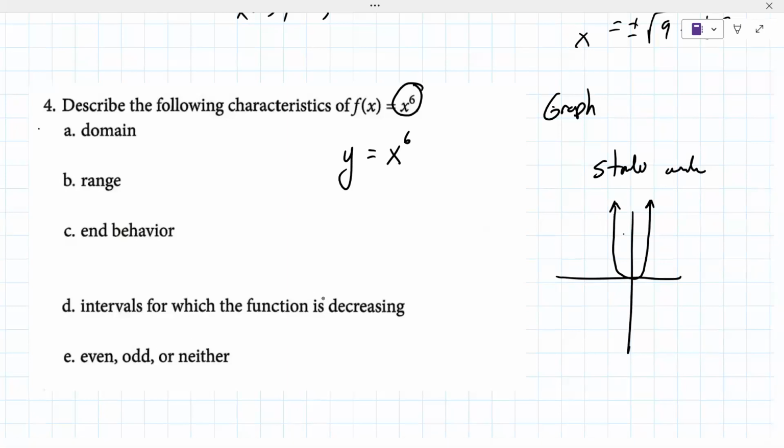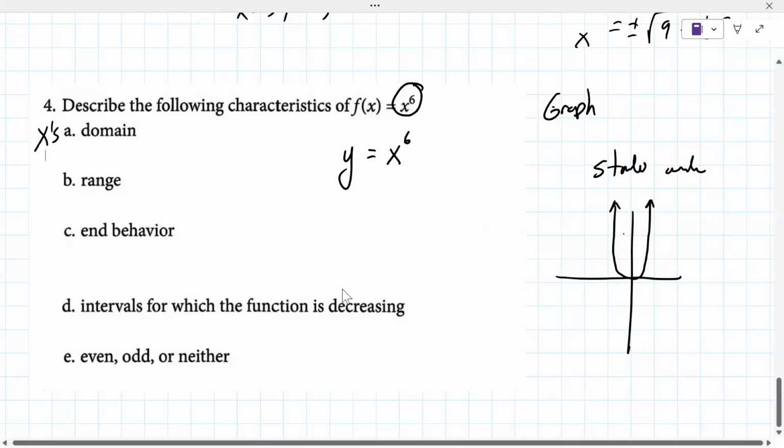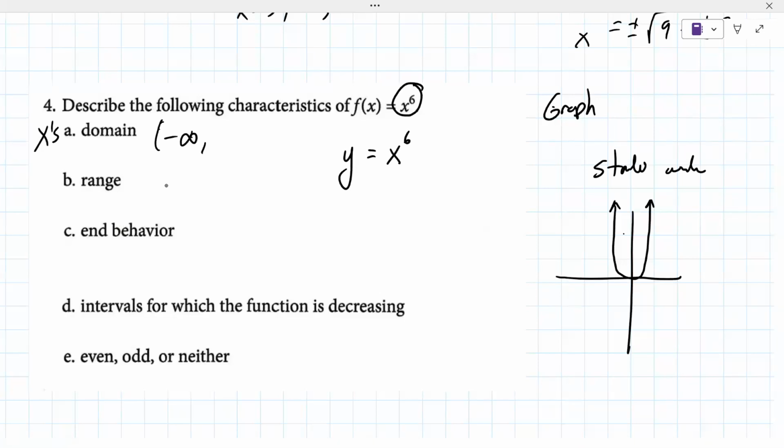The domain are the x's. You're looking for things that are bad. Bad is like division by 0, square roots of negatives. You don't have any of that here. So the domain here is everything, all real numbers.